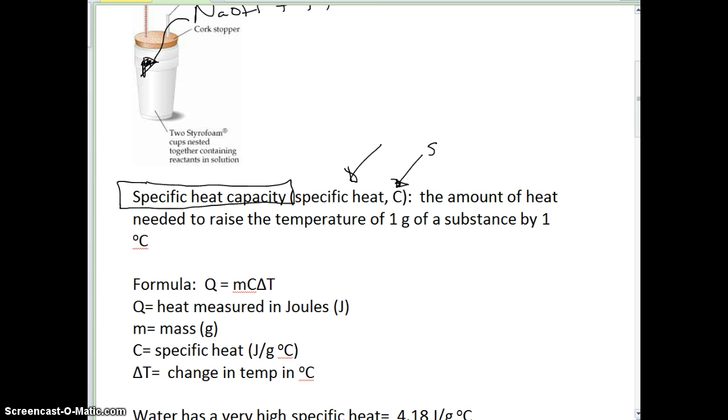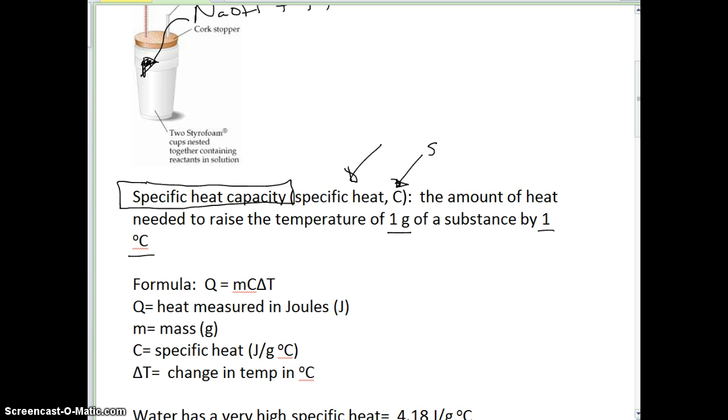But the specific heat capacity of any substance is the amount of heat needed to raise the temperature of 1 gram of the substance by 1 degree Celsius. And so different substances take more energy to raise the temperature than other substances. Some substances heat up very quickly, some substances heat up very slowly.